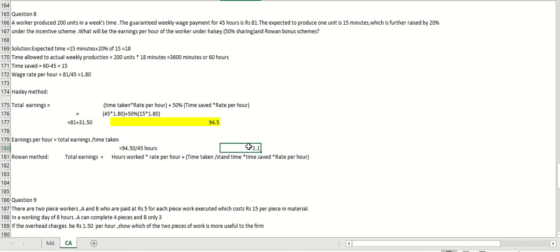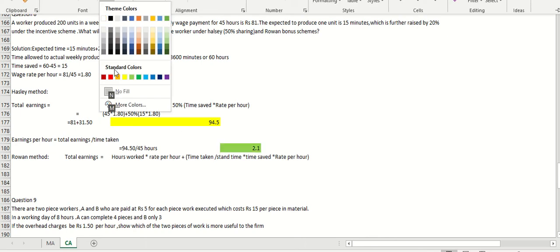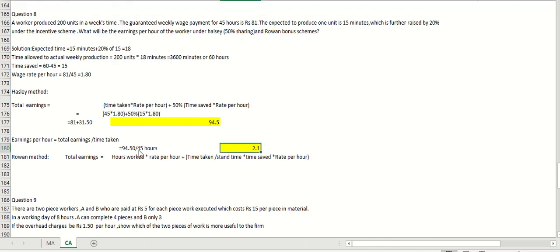So your earnings per hour under the Halsey method is 2.10, which is total earnings divided by time taken by the employee, 94.50 divided by 45 hours.